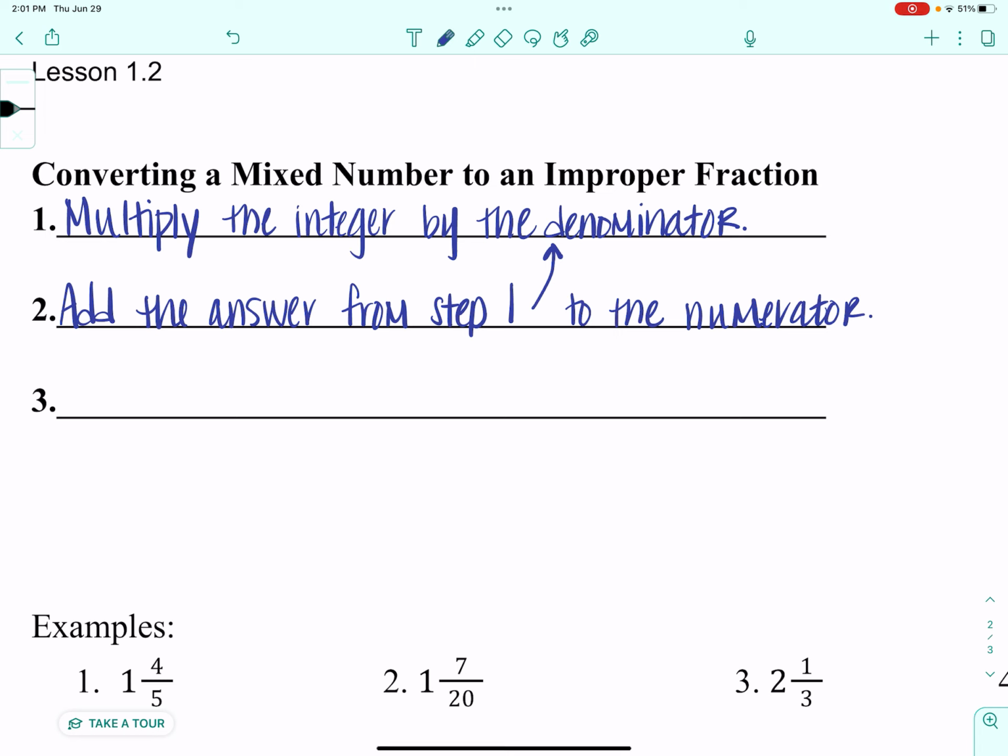The last thing we're going to do is take the answer from step 2 and put it over the original denominator.